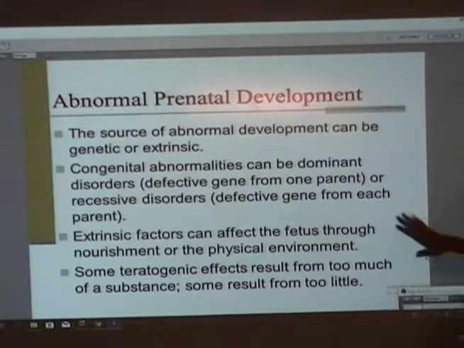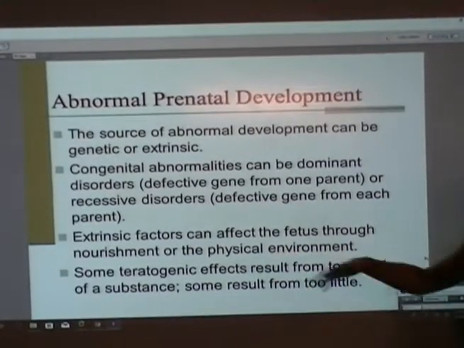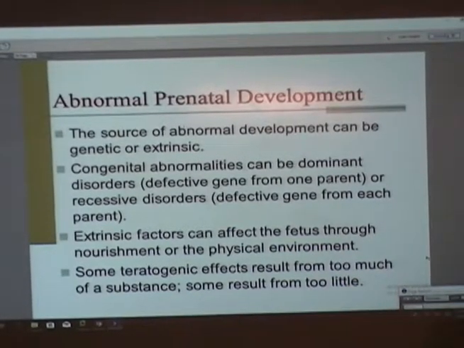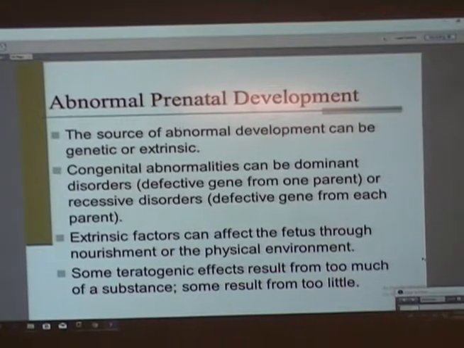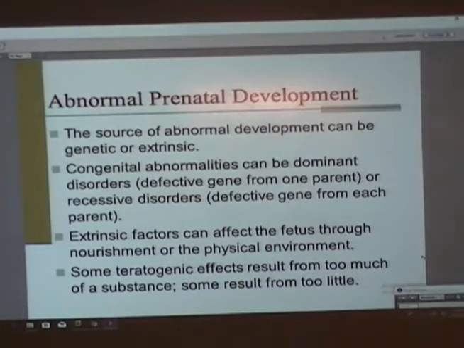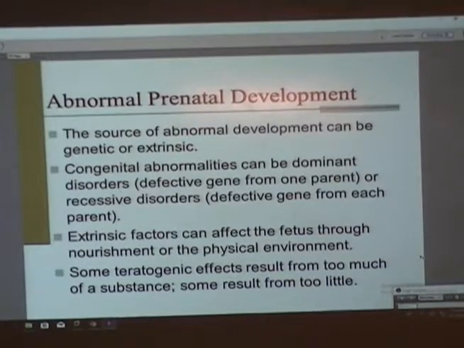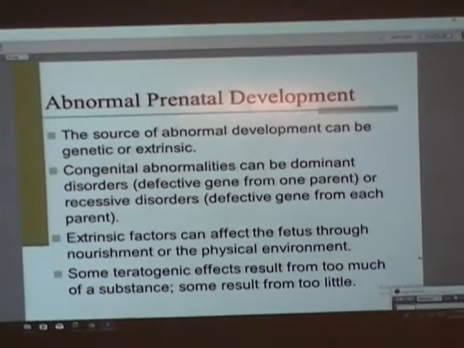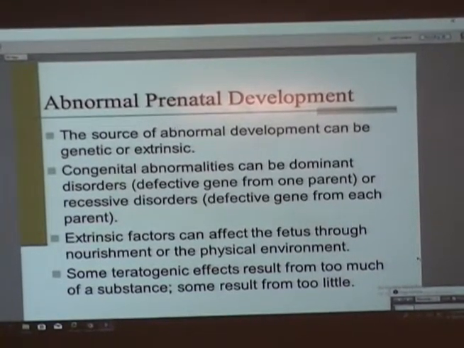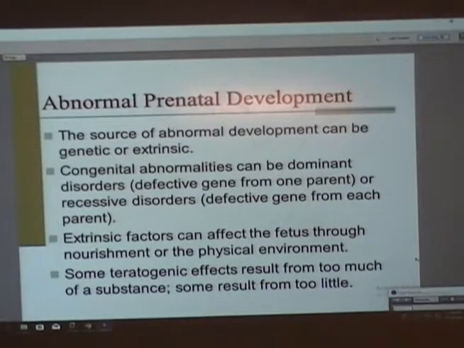Right? The external, the physical environment could be like pressure on the mum's stomach. So for example, if she had a fall and fell on her stomach, okay? Something like that.